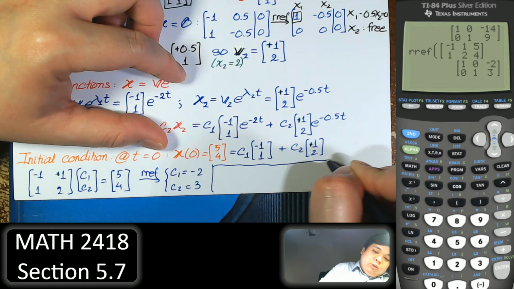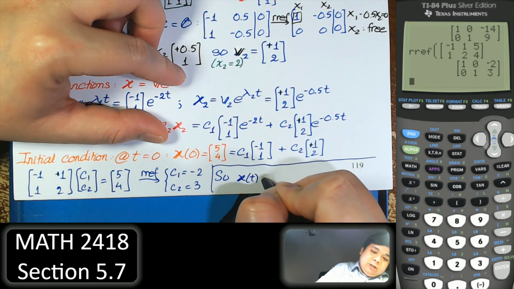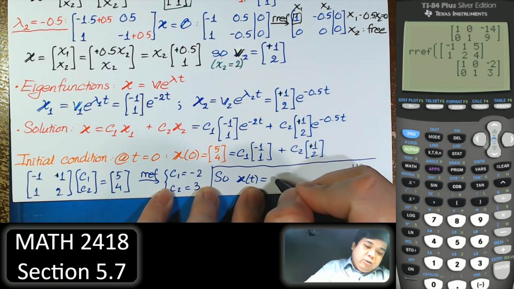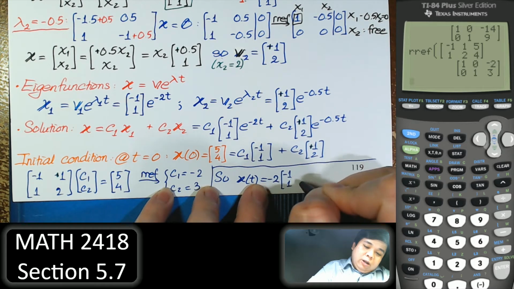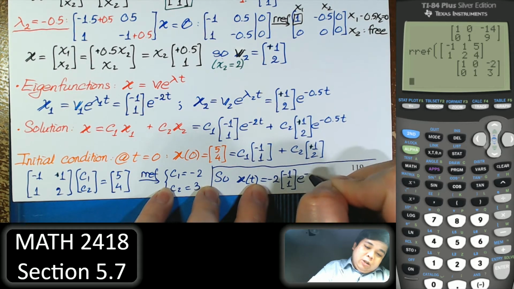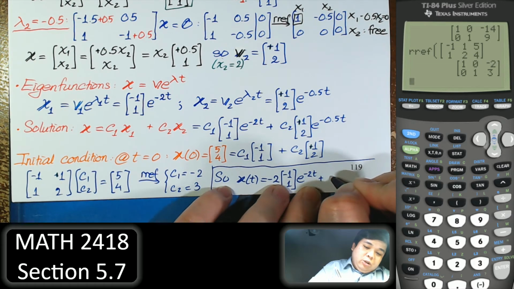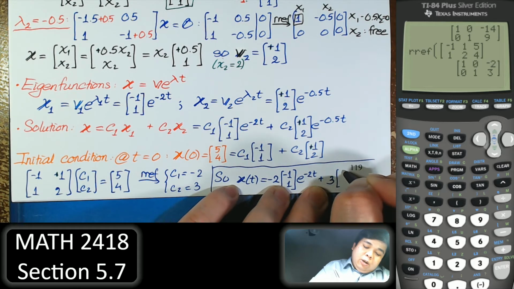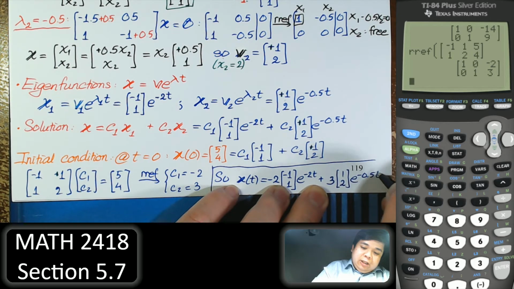And finally we can write the solution. It's this one, but we do know C1 and C2 now. So negative 2 times (-1, 1) e to the negative 2t, plus C2, which is 3, times (1, 2) e to the negative 0.5t.